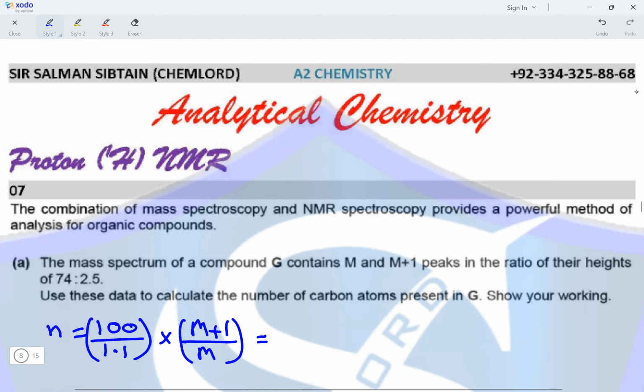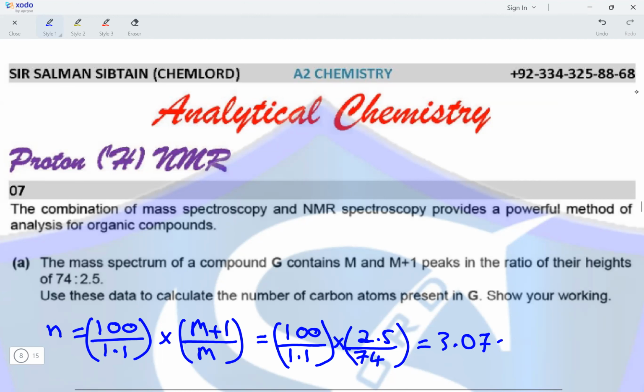Substituting these values, this would give us 100 upon 1.1 into 2.5 upon 74, which gives a value of 3.07, which is almost equal to 3 since the number of carbon atoms has to be a whole number. So we end up with 3 carbon atoms being present in the given compound.